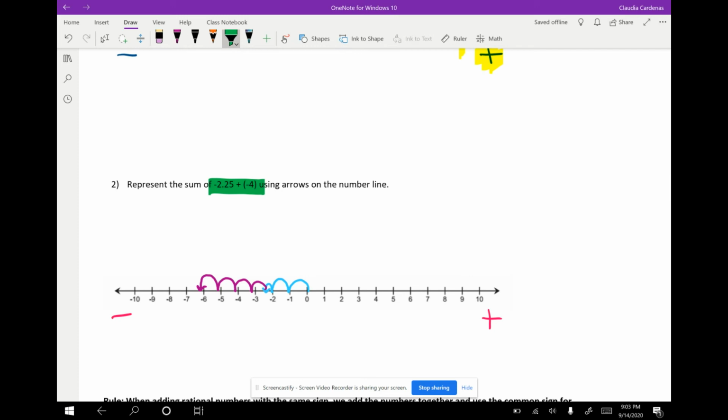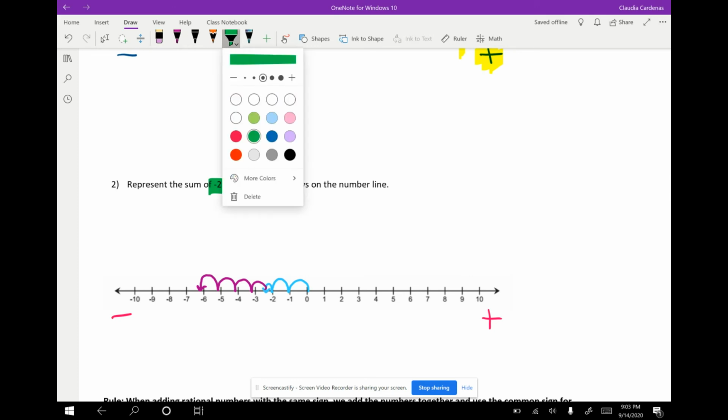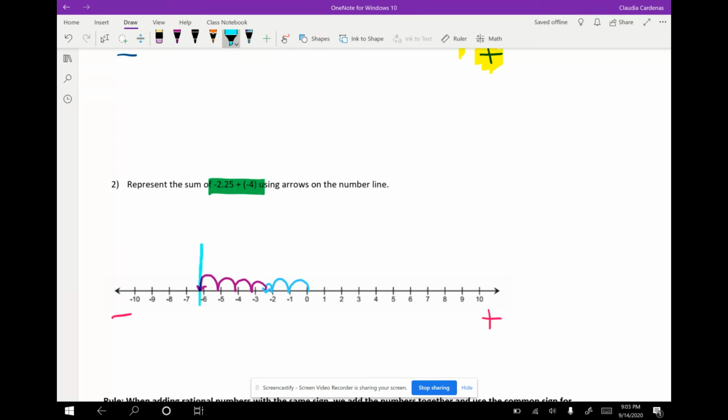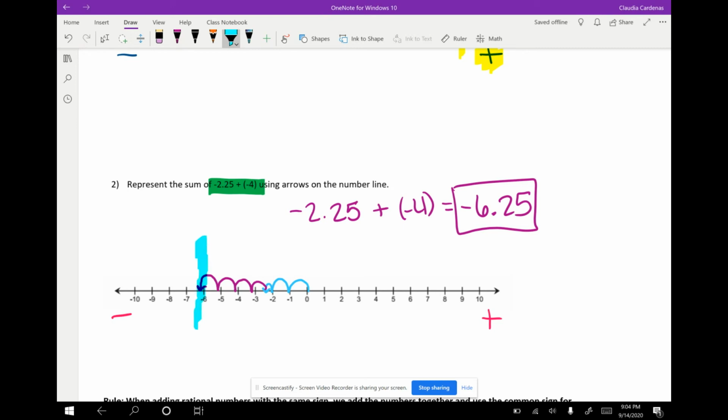So looking at where we landed, I know that even though the decimals aren't exactly shown on the number line, if I used my math logic and I added 4 wholes to 2.25, I would get a little past negative 6. And sure enough, it is negative 6.25 as shown on our number line. Let me highlight that a little bit more.